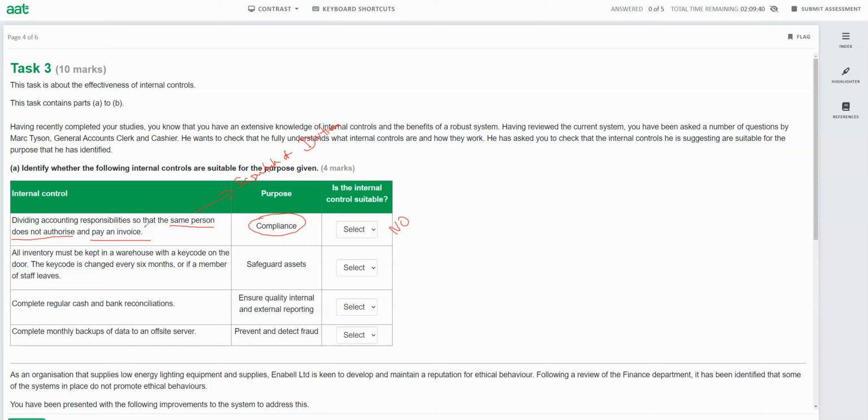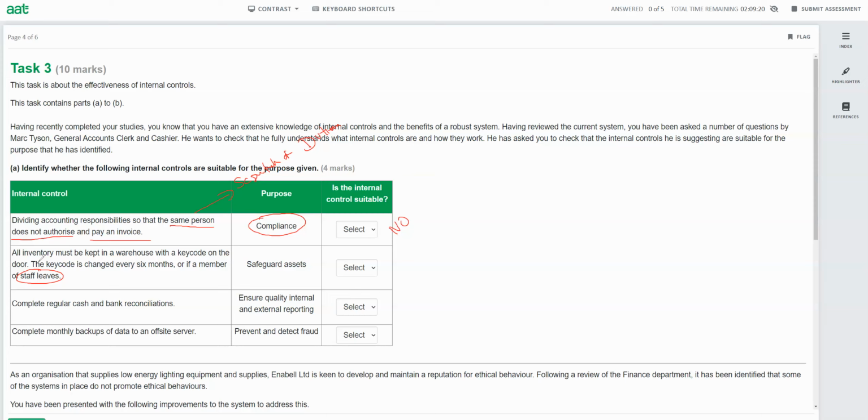We'll say no. The next one says all inventory must be kept in a warehouse with a key code on the door. The key code is changed every 6 months or if a member of staff leaves. So if someone leaves the job, we need to change the key code. That's reasonable because if the person has left, he knows the key code.